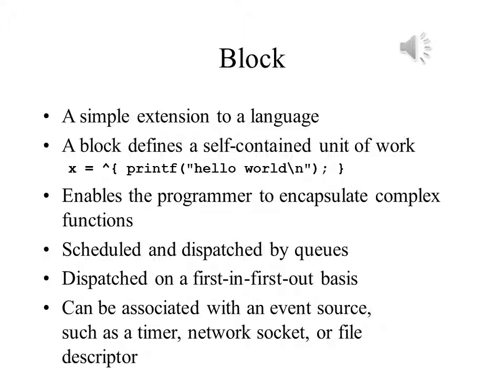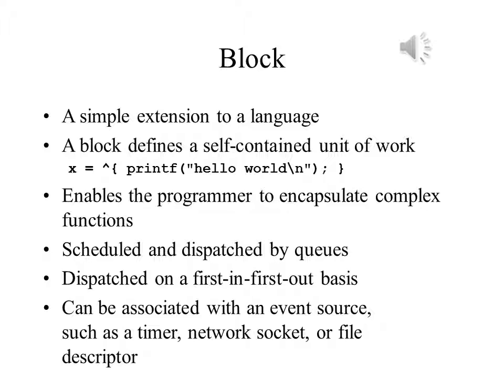Blocks are scheduled and dispatched by means of queues. The application makes use of system queues provided by GCD and may also set up private queues. Blocks are put onto a queue as they are encountered during program execution. GCD then uses those queues to describe concurrency, serialization, and callbacks.